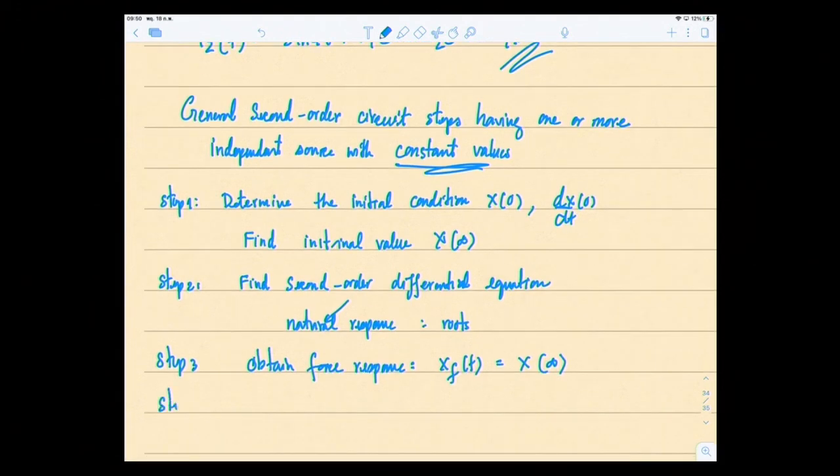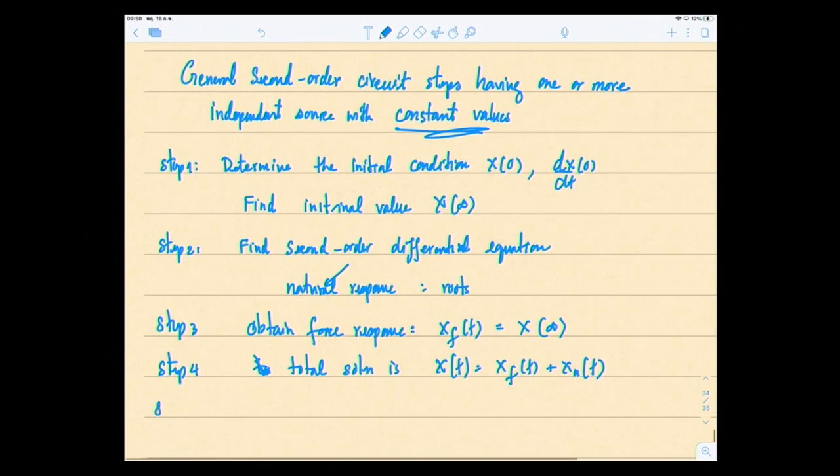Then step 4, your general solution, your total solution is x of t equal to xf of t plus xn of t. Then step 5, you have to find the constants in your solution.